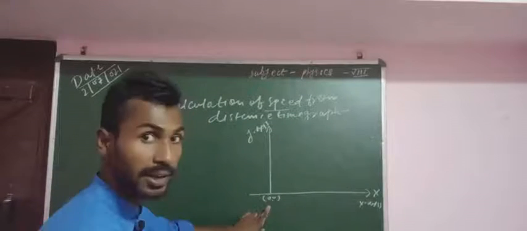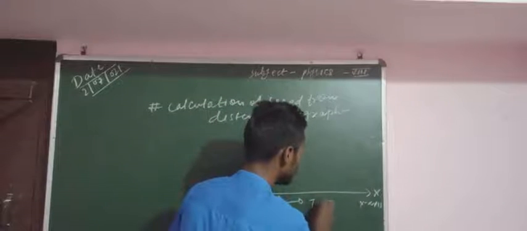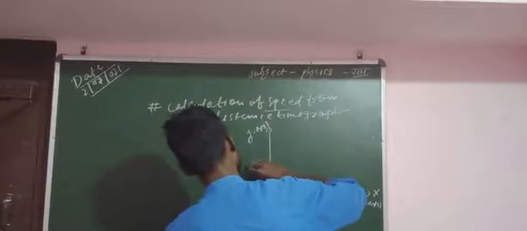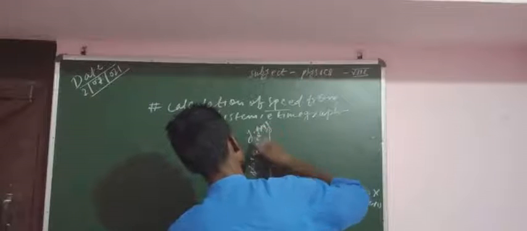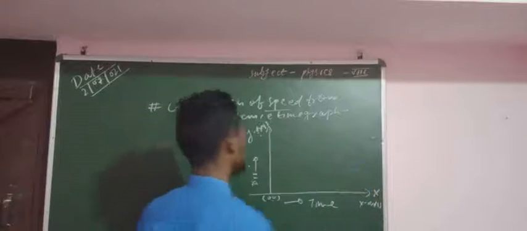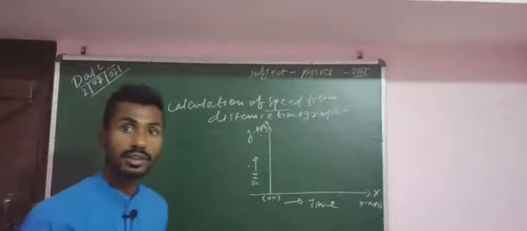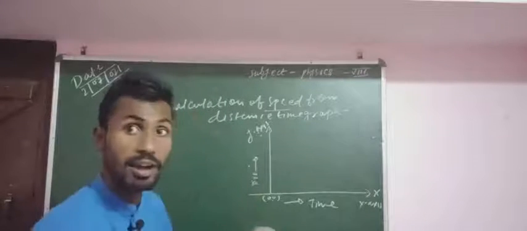The coordinate of this point is 0 0. Time is on the x-axis and distance is on the y-axis. As we know, the body is having a uniform motion.